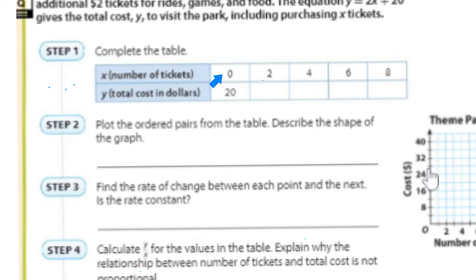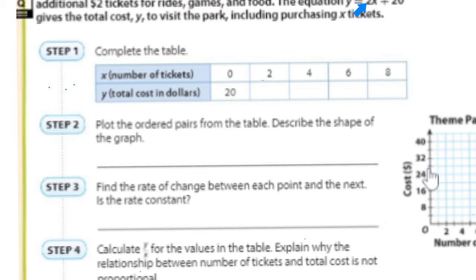So 0. If I put a 0 in here for x, I'll have 2 times 0, which is 0, plus 20 gives me 20. So this is if I don't buy any tickets, but I still enter the park. I'm going to pay a total of $20. Now let's do the next one. This is a 2.